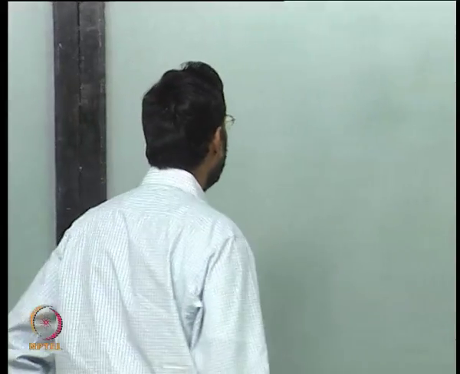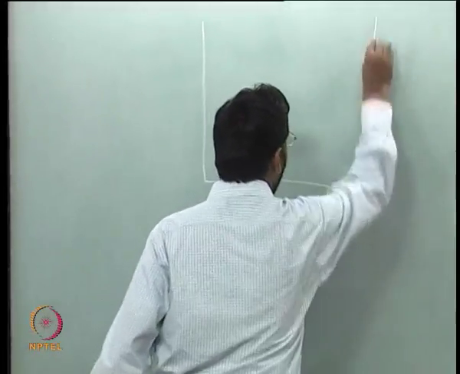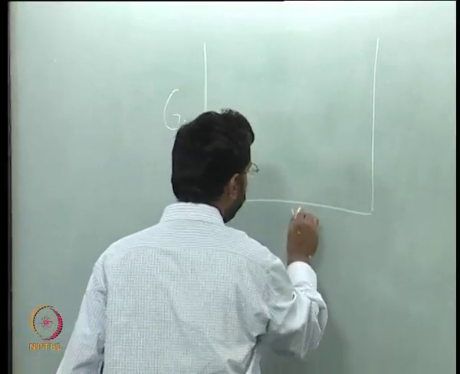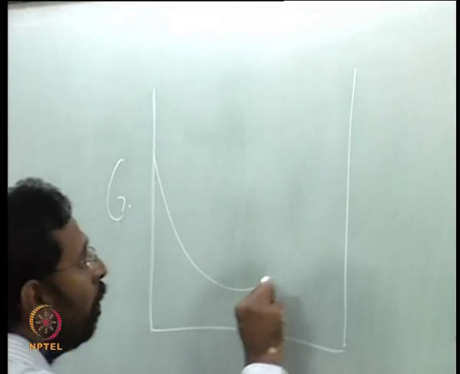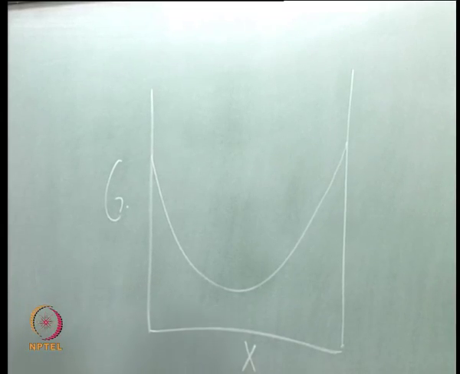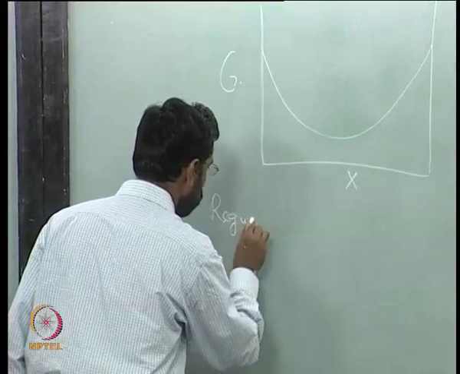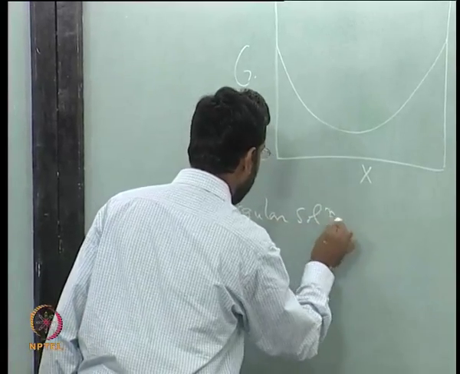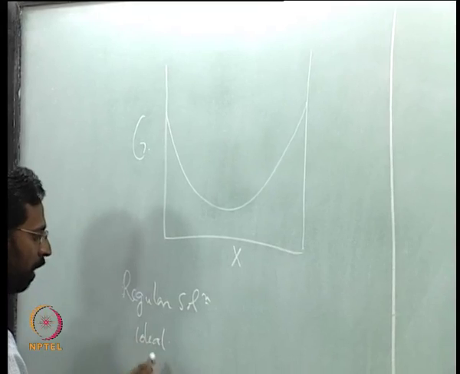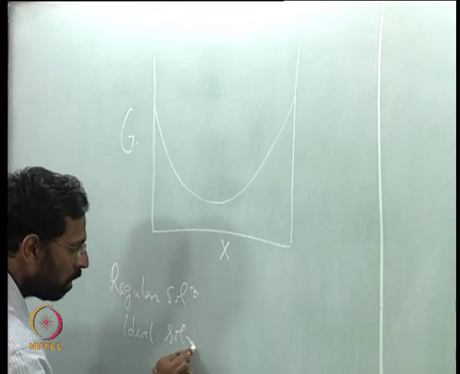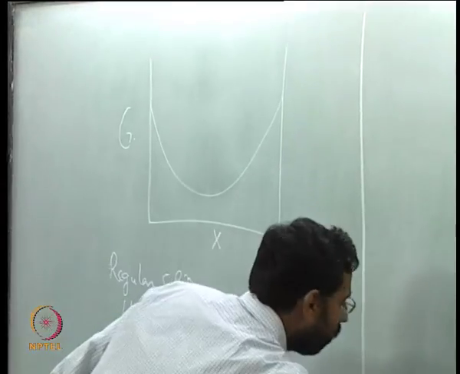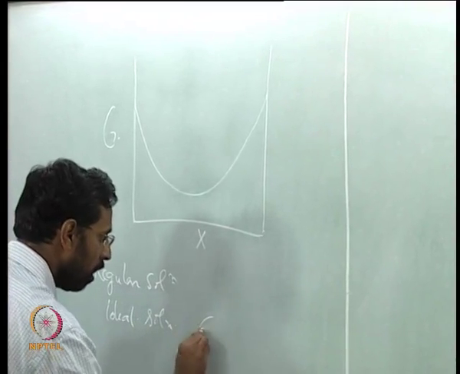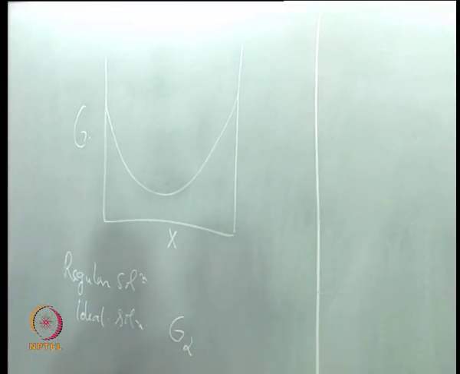Yeah, in the last class we started talking about two component systems, and we started plotting what are called GX diagrams, and we talked about a simple model called the regular solution model, and also a much simpler model called the ideal solution model, in which the G of any phase, let us call it G alpha.